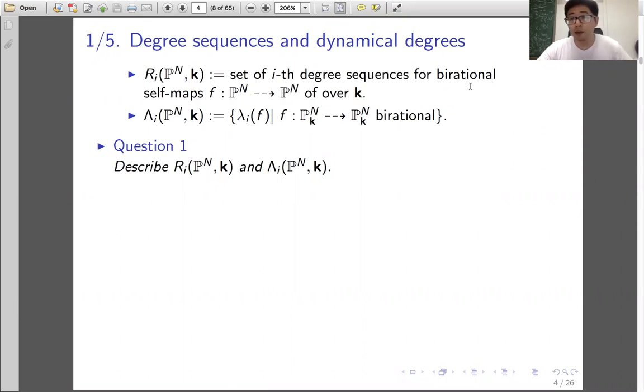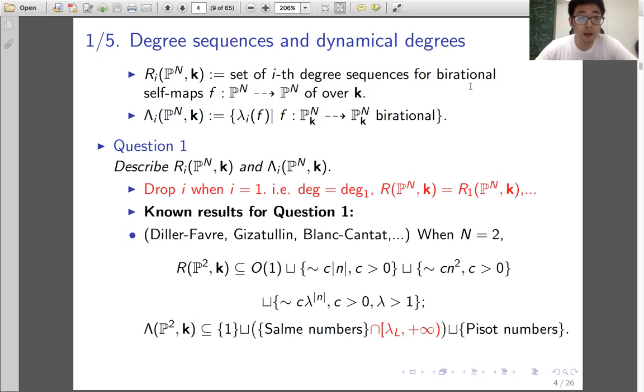I think this is a very general question, but it's important in algebraic dynamics. And in our talk, we are mainly interested in the case when i equals 1. So usually we just drop i when i equals 1. For example, we write deg for deg_1, and R(P^n, K) for R_1(P^n, K).